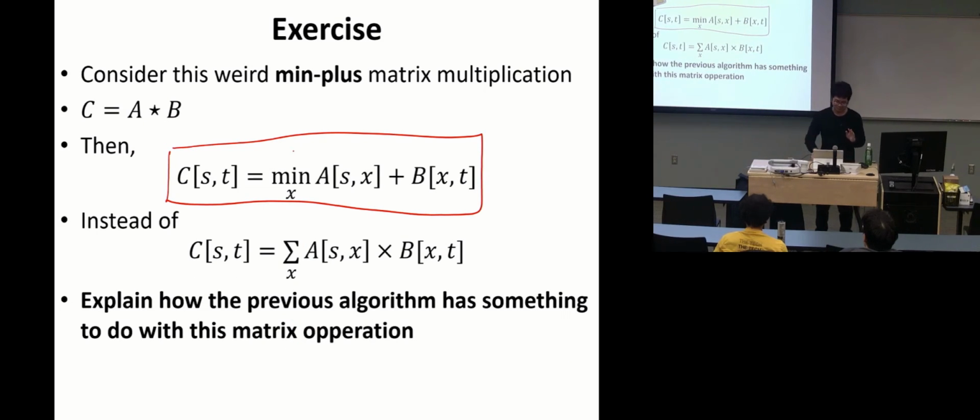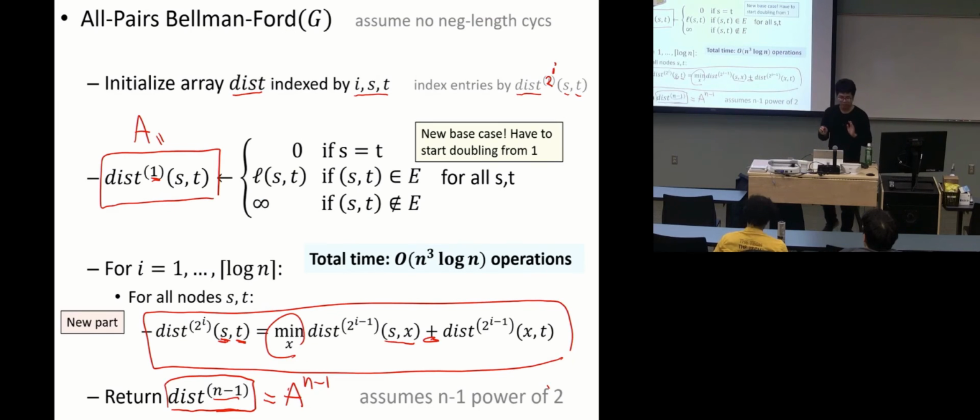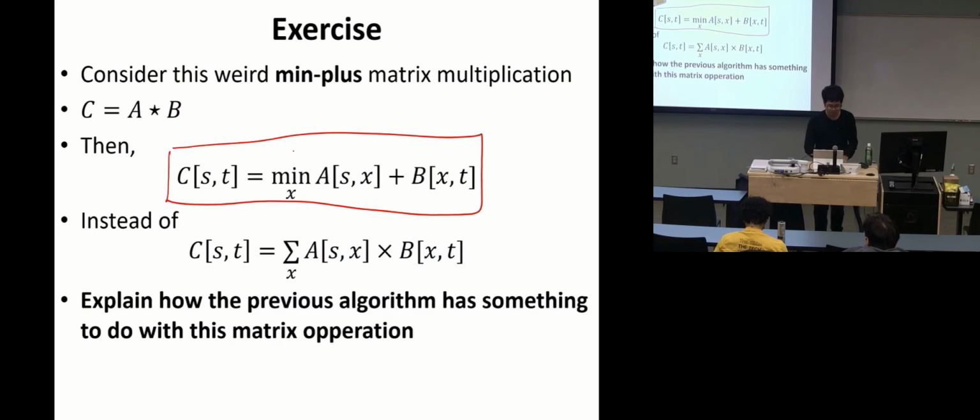I won't go into more detail, but this view of the algorithm is going to be useful in your homework. Try to see how this table is the same thing as A to the n minus 1, like it's just A times A, n minus 1 times, when the multiplication is under this matrix product.